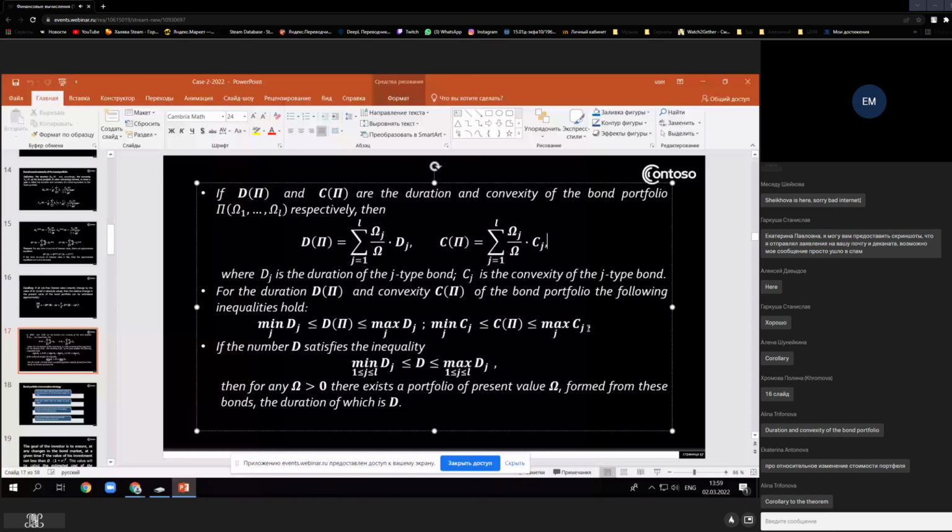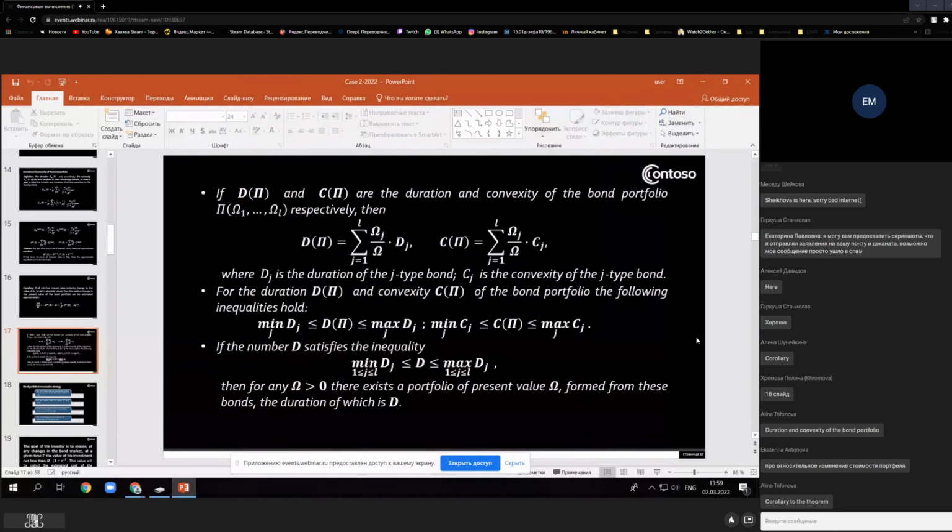Under this assumption, we also can say that the duration of the portfolio will be between the maximum and minimum duration of the assets which are part of this bond portfolio. And the same statement will work in the case of convexity also.